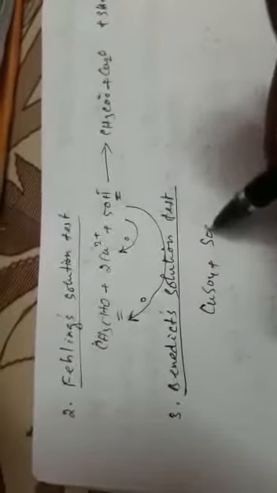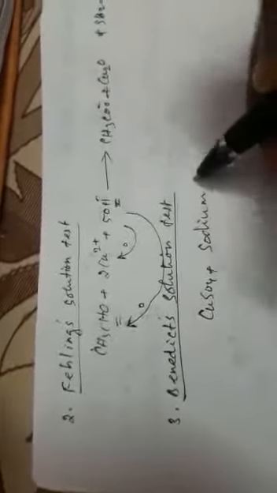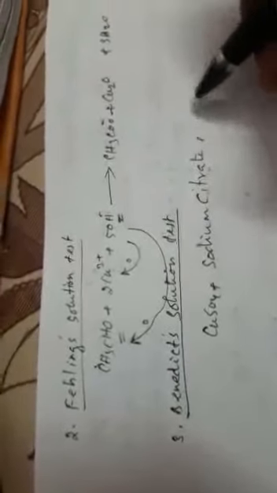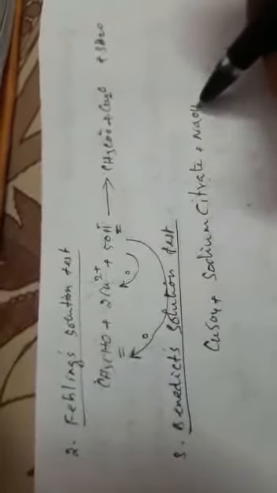Next, Benedict's solution test. Mixture of CuSO4 plus sodium citrate and sodium carbonate. What happened? Cu2+ converted to Cu2O. Same reaction obtained. CH3CHO plus 2Cu2+ plus 5OH minus. First released water molecule.